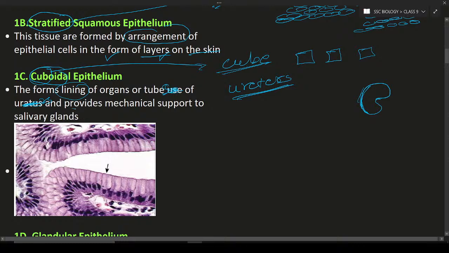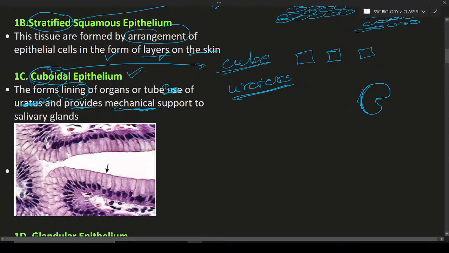They provide mechanical support. What is meant by mechanical support? It means they protect from sudden shocks, for example if you jump from a little height, some mechanical shocks will be produced. Such mechanical shocks, these cuboidal epithelial cells are going to protect.